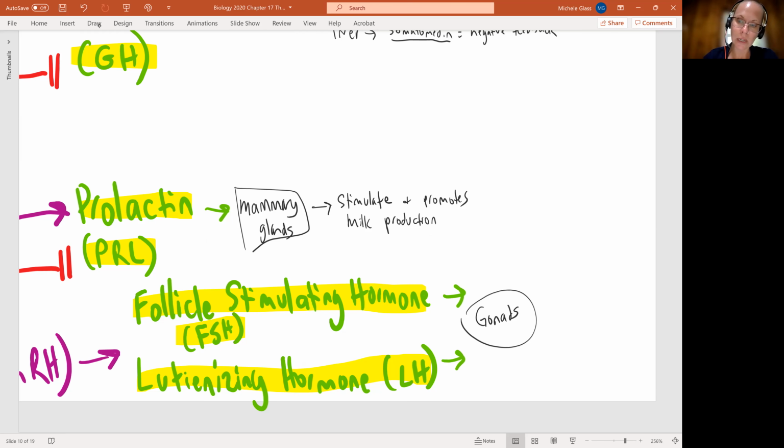And we do see that it's going to trigger those gonads to produce either estrogens, progesterone, testosterone, and then we'll see inhibin as a hormone that's in common, regardless of whether you have testes or whether you have ovaries. We're going to pick up and talk about each of those sex hormones.